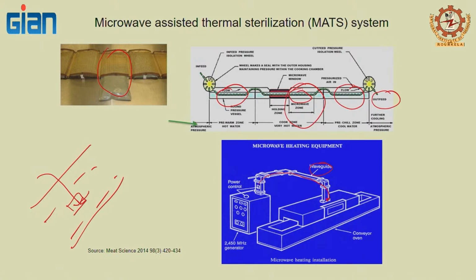That way the microwave is delivered to both the water and the pouches, and thereby you can have much more uniform heat treatment. This is called MATS. This technology was probably approved for industrial use around 2010 or 2012 from Washington State University.